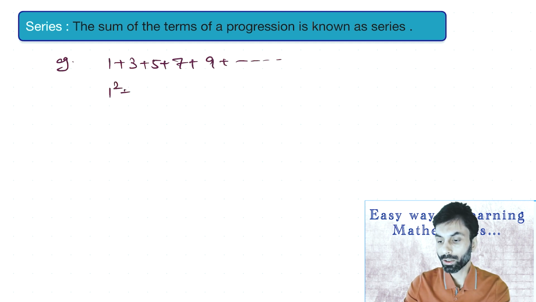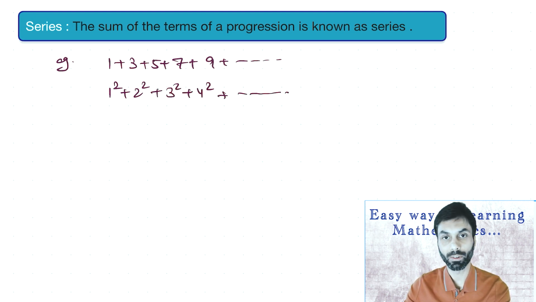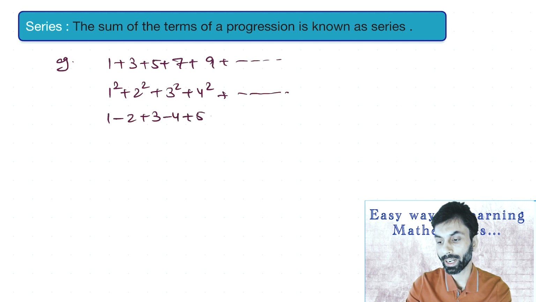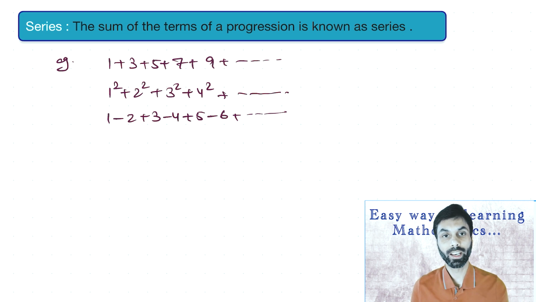We can take 1 square plus 2 square plus 3 square plus 4 square and so on, it will make a series. We can also write 1 minus 2 plus 3 minus 4 plus 5 minus 6 and so on. Here the dots indicate this will be going on further.